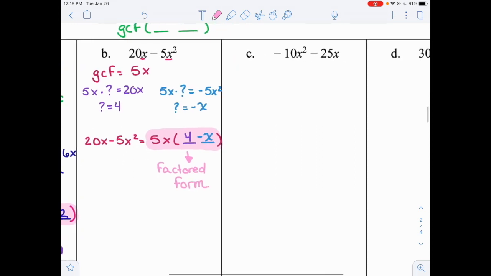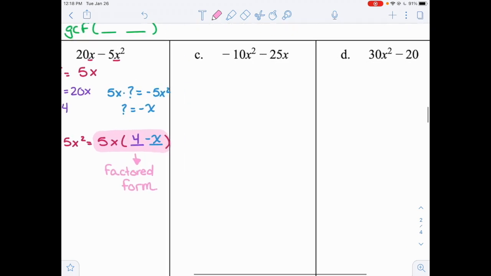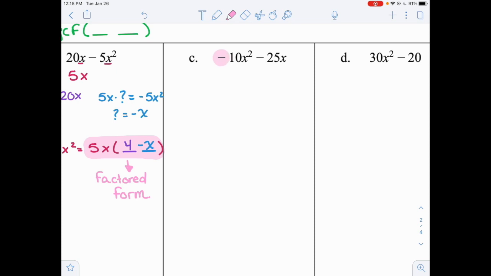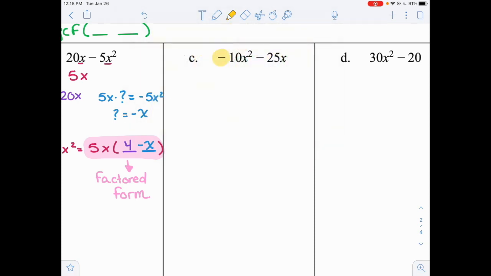So what's special about C is that my first term is negative, and that's really annoying. We hate negative x squared. It's really gross when we're doing math.